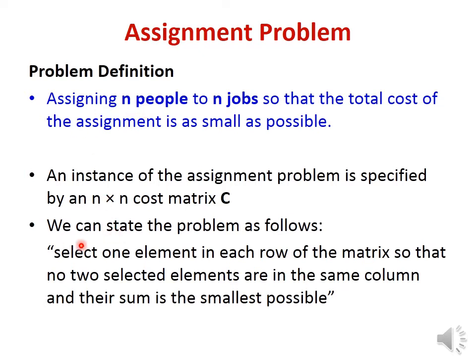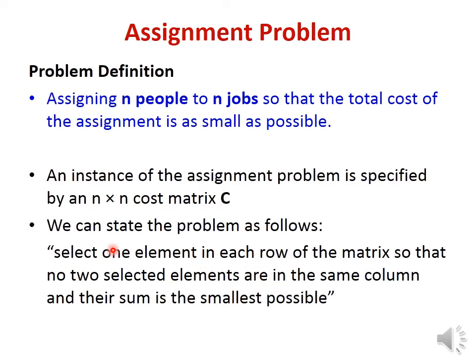So we can state the problem in summary as follows. Select one element in each row of the matrix. One element means one person, so that no two selected elements are in the same column and their sum is as small as possible.